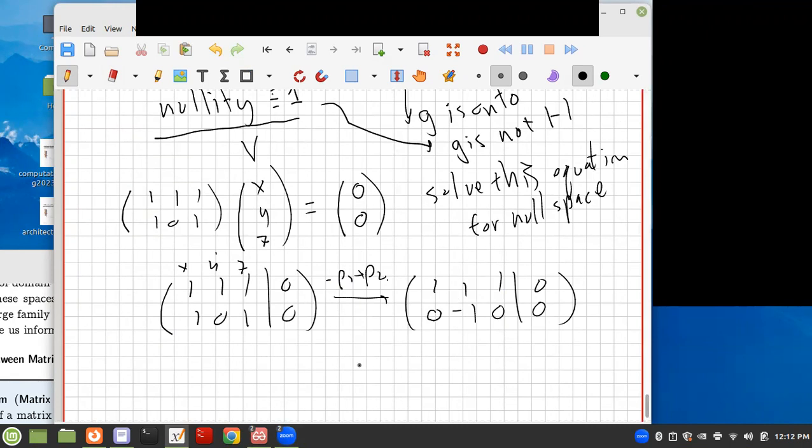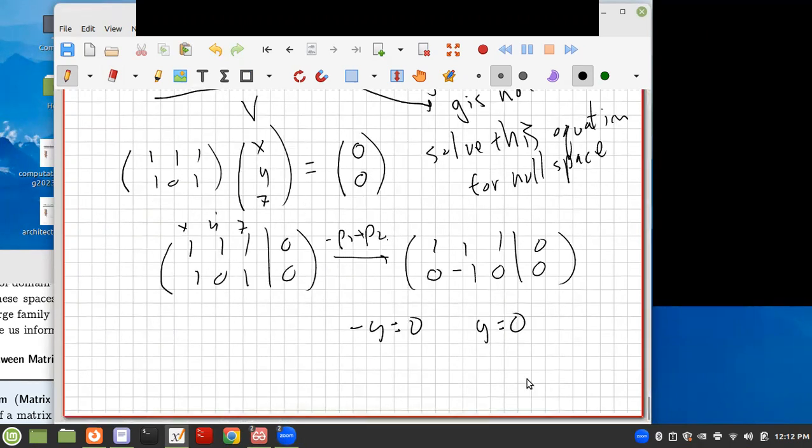So therefore, minus y equals 0, and y equals 0. And the first equation would be x plus y is 0 plus z equals 0. So x equals minus z.